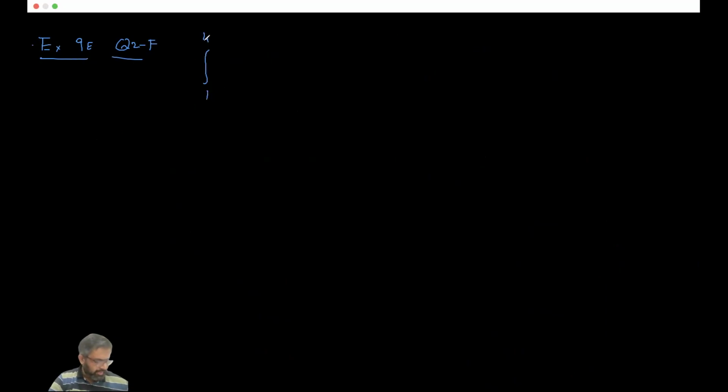We have to integrate from 1 to 4, and the given expression is 3 under root x plus 2 over under root x dx. So we have to do simple integration of power rule, and then plug in the limits 1 and 4.